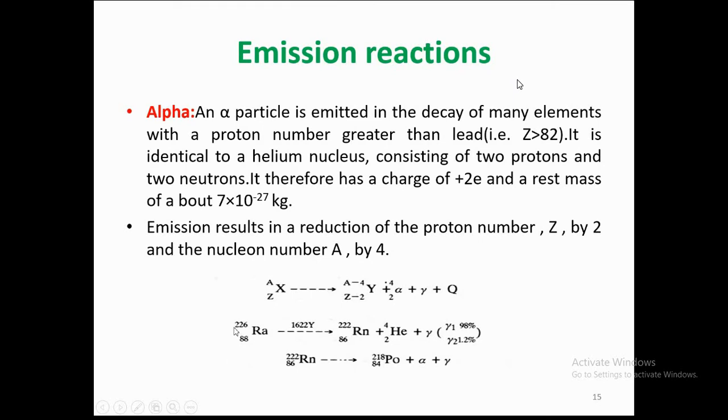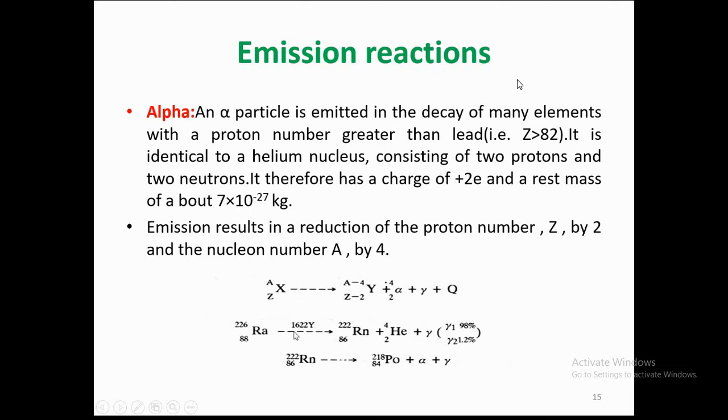And when we compare the atomic mass between radium and radon as a mother and daughter radionuclide, we can understand the atomic mass of radon is 4 units less than the mother radionuclide, radium.